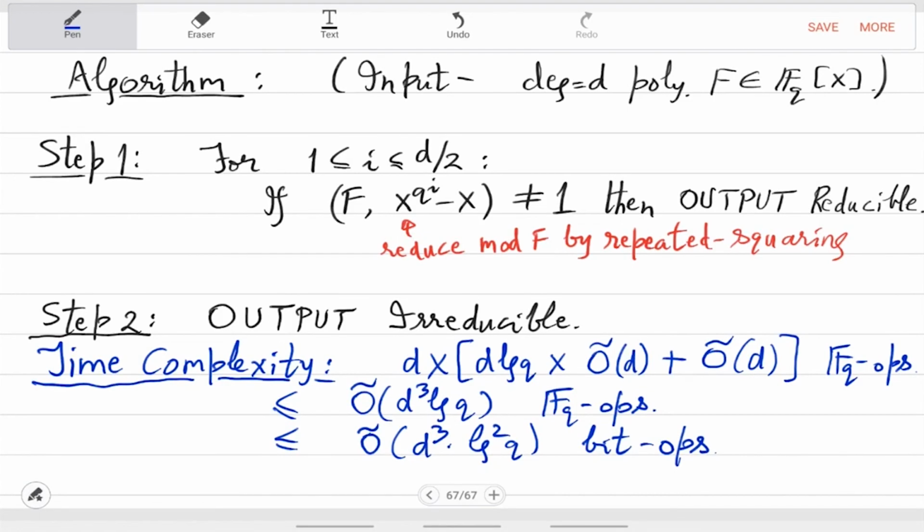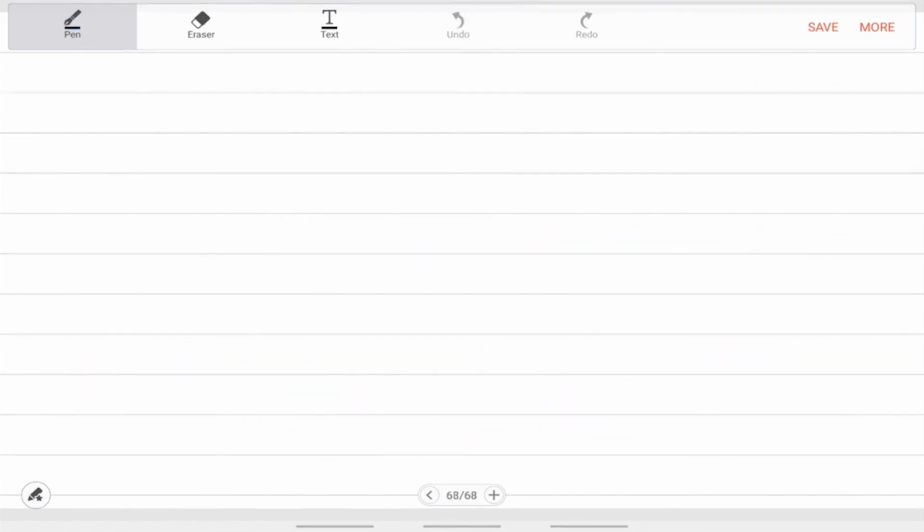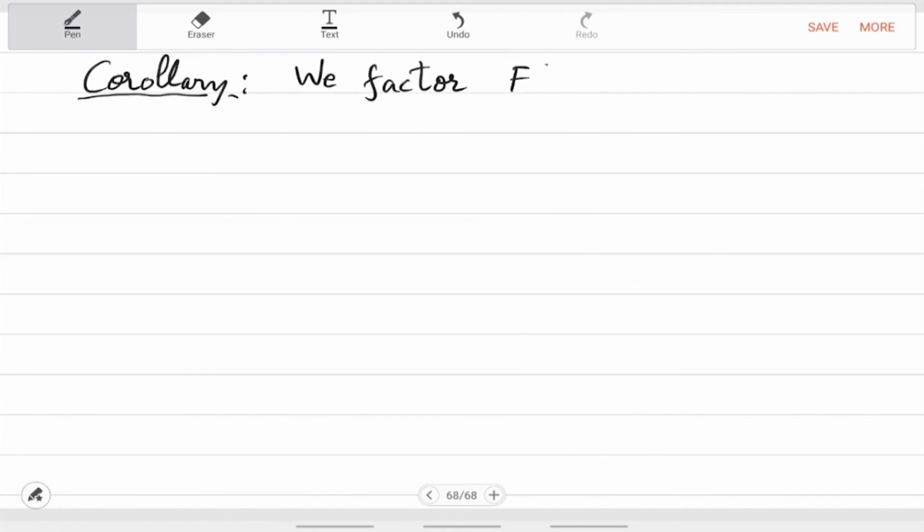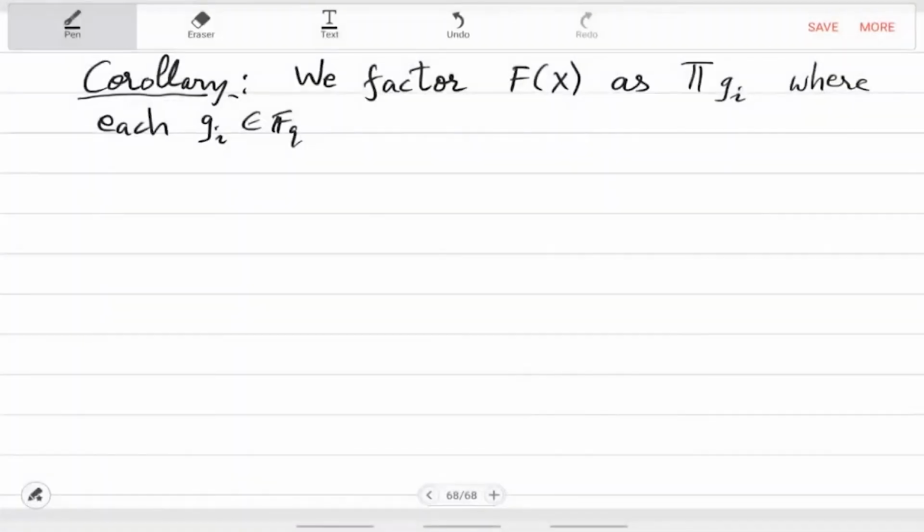Yeah, so let me just write down that observation. In the same time, similar algorithm, similar implementation. So we factor big F as a product of GIs, where each GI is obviously a polynomial over FQ.